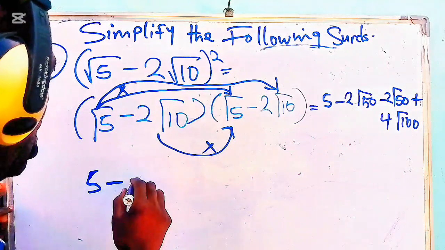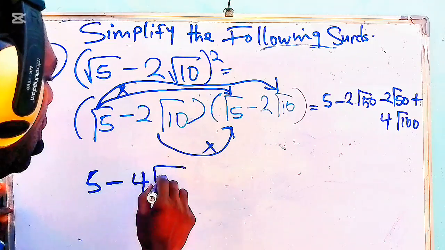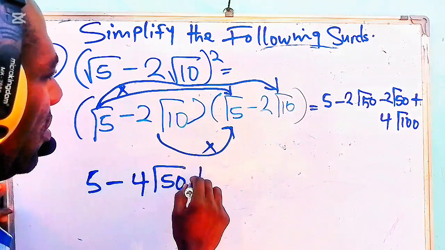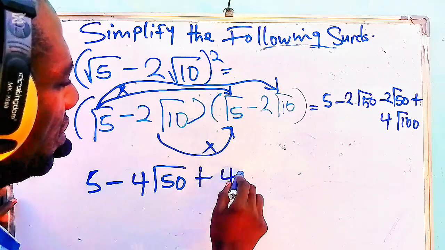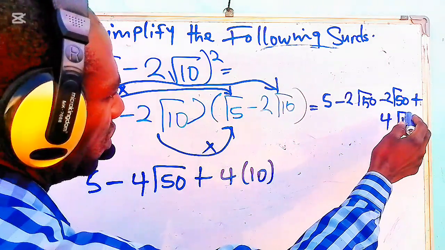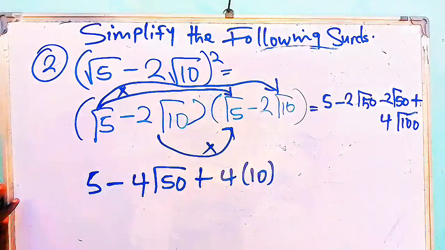To add them together, you have 4√50. Okay, then plus 4 times 10. Close the bracket because the square root of 100 is 10.